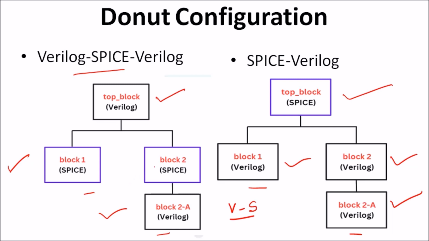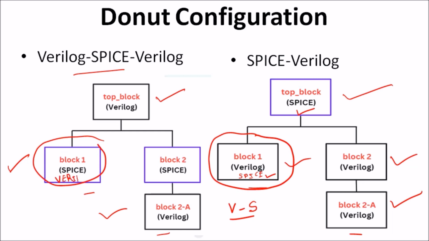If block 1 is a multi-view cell, with both Verilog and Spice, then the default will be Spice, just because the parent block is Spice. And if this other block has both Verilog and Spice definitions, then the view will be Verilog, just because the parent block of that block is Verilog. That is known as a multi-view cell.